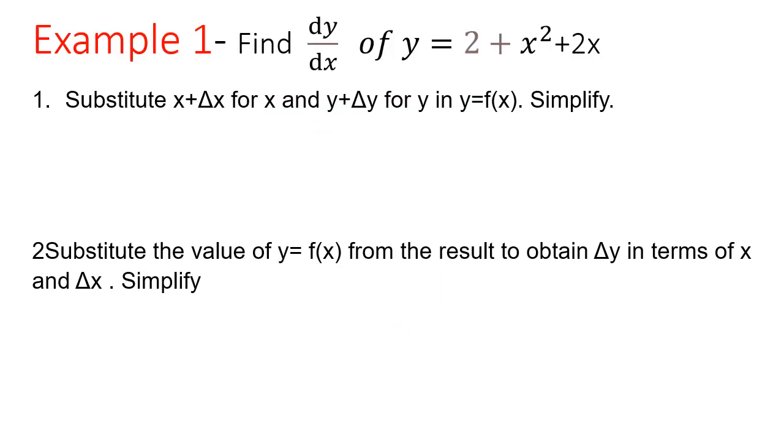Find dy over dx of y equals 2 plus x squared plus 2x. So substitute x plus delta x for x and y plus delta y for y.